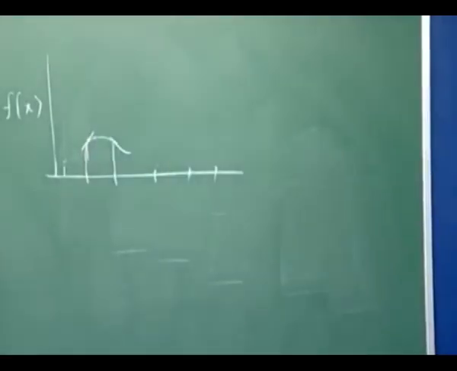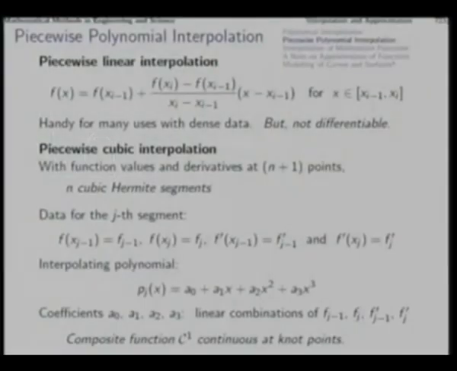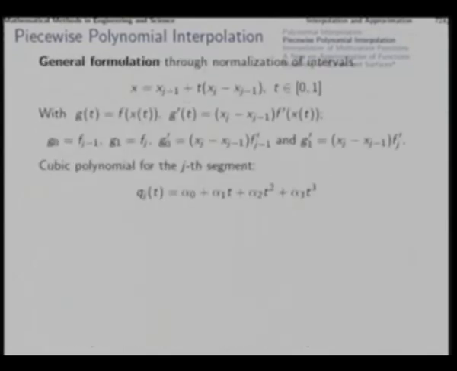Now, this same formulation can be made in a general setup if we reparameterize in a normalized interval, say 0 to 1. That is quite often done and the result is something quite useful. Say the variable x, for that you have the interval say x3 to x4, j equal to 4.